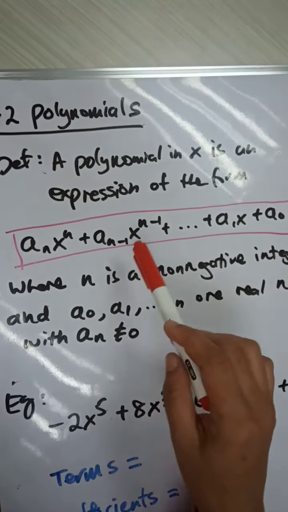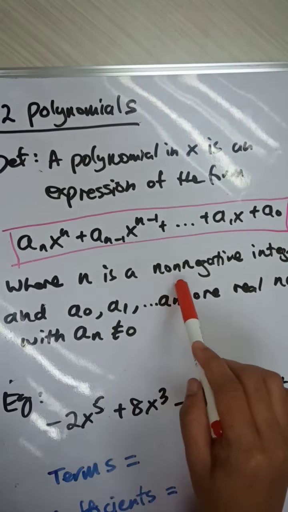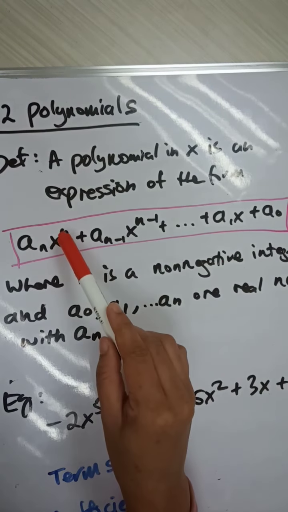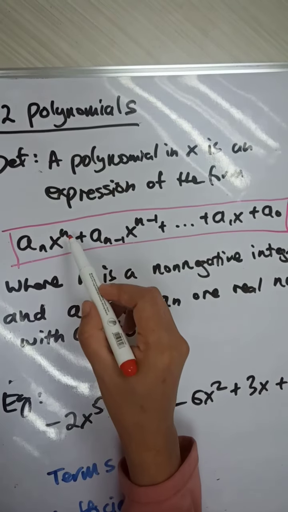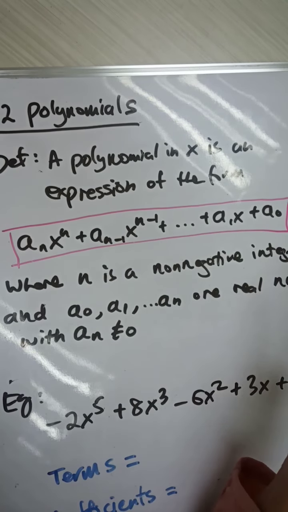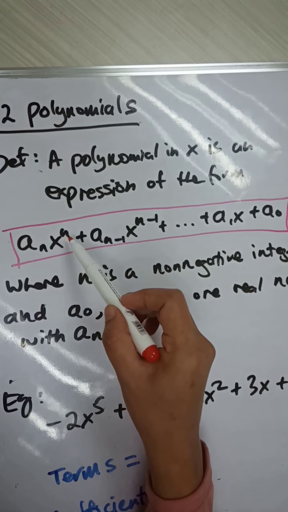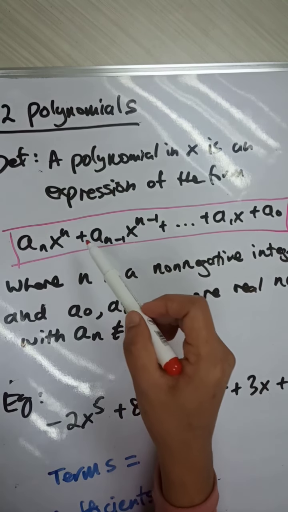This is what we call a polynomial, where n is a non-negative integer. It means that the power cannot be negative. N is a non-negative integer, it can be 0, and it can be 1, 2, 3, 4, and so on.